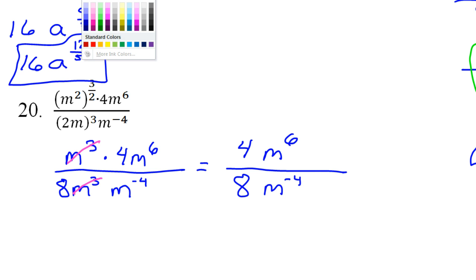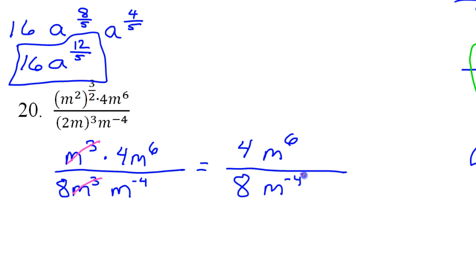That means that this expression is on the wrong side of the fraction. So this is going to have to be moved up, and when it moves up, it's going to become a positive exponent. So I have m to the 6th power, that's already there, but now I'm going to have m to the 4th power up there with it.